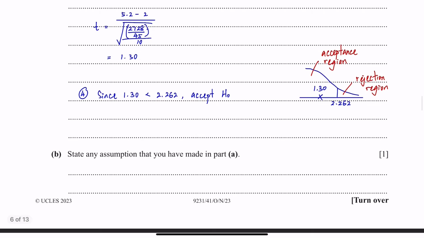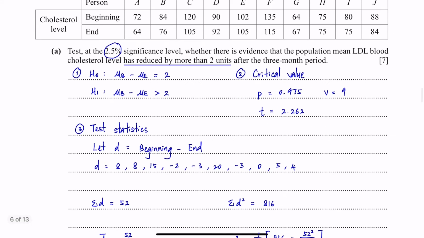Alright, and now we come to our conclusion. So for the conclusion, we need to mention our significance level. We need to mention if there's sufficient or insufficient evidence for the claim over here.